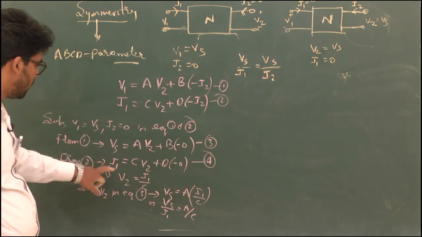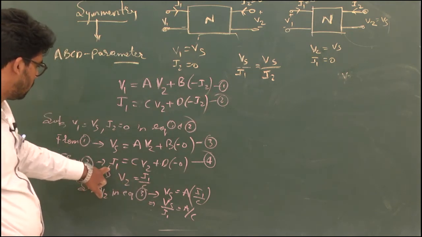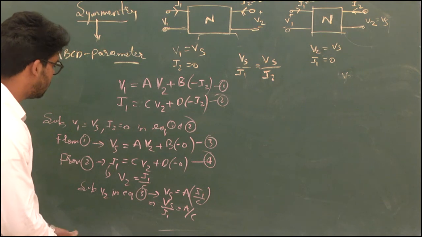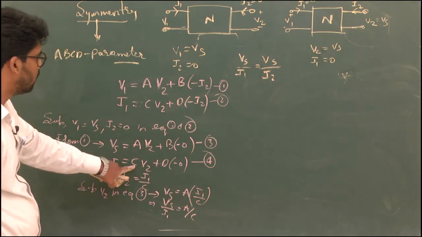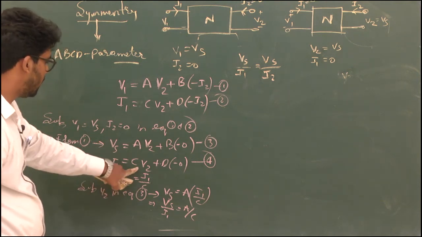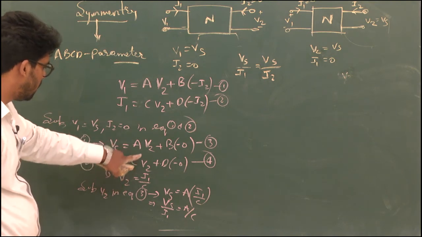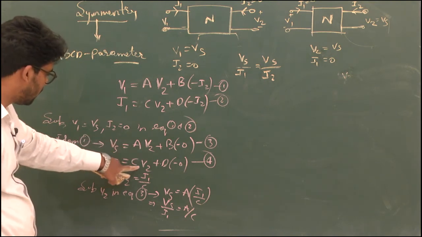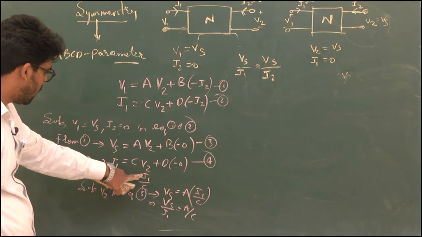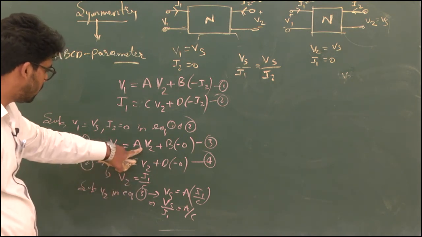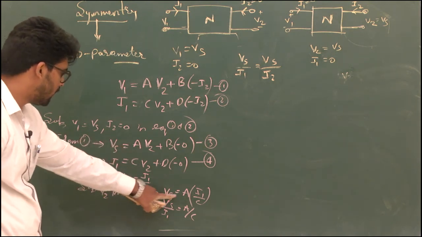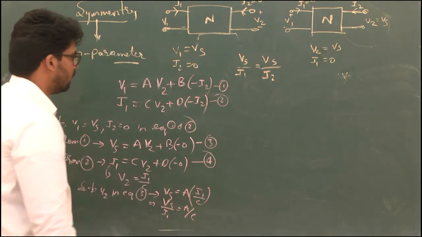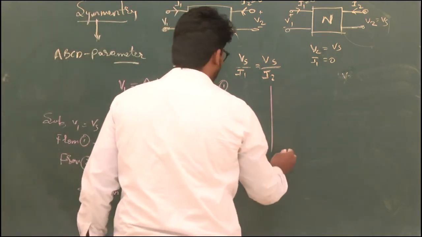From this equation, if you replace V2, you get I1 by C. We replace this in the other equation and you get the Vs by I1 form, therefore A by C. That's fine. Now go to the other circuit.